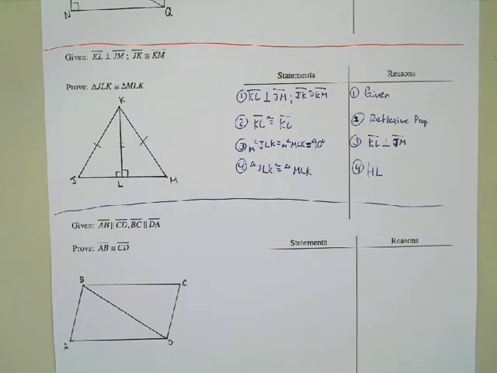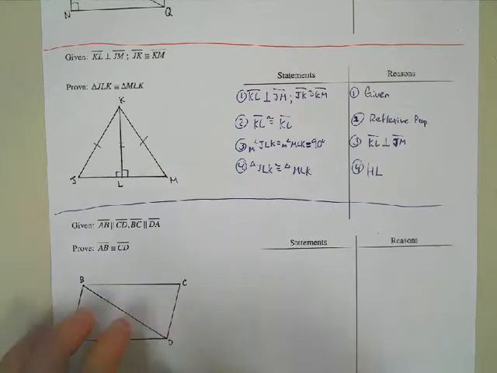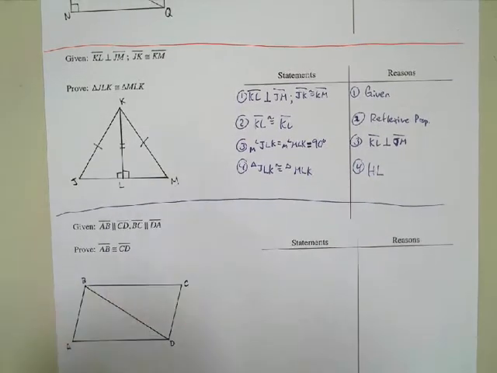There's actually one other congruence here that we could pick out from our shapes and not require HL. Yes, Shannon? So you want to say segment JL is congruent to segment LM. Okay, so what would your reason be for that?